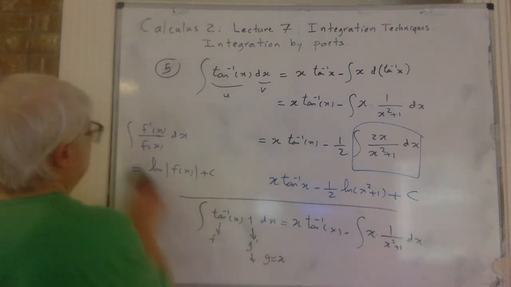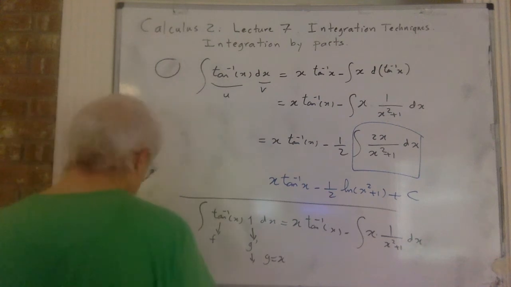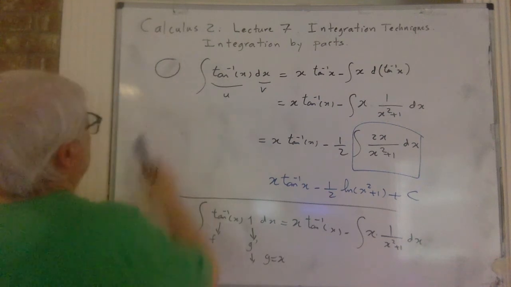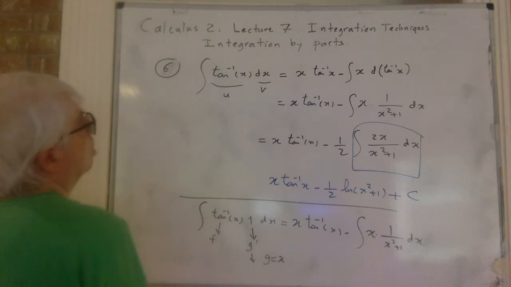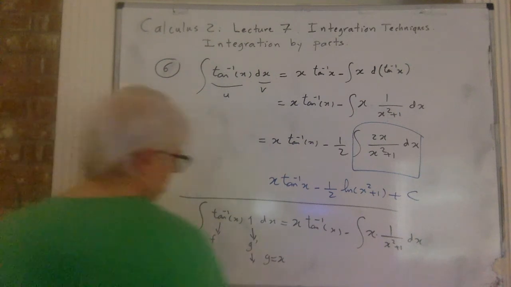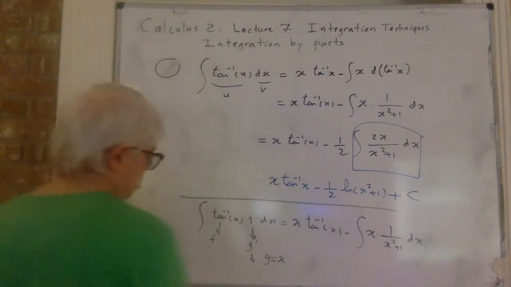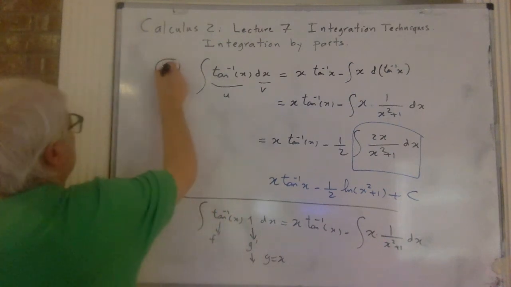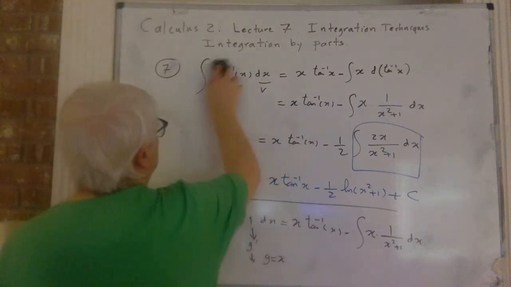So let me write another one. I'm not going to solve it. I leave it to you. And that, you might guess, is sine inverse. So next one is, as you can guess, sine inverse.